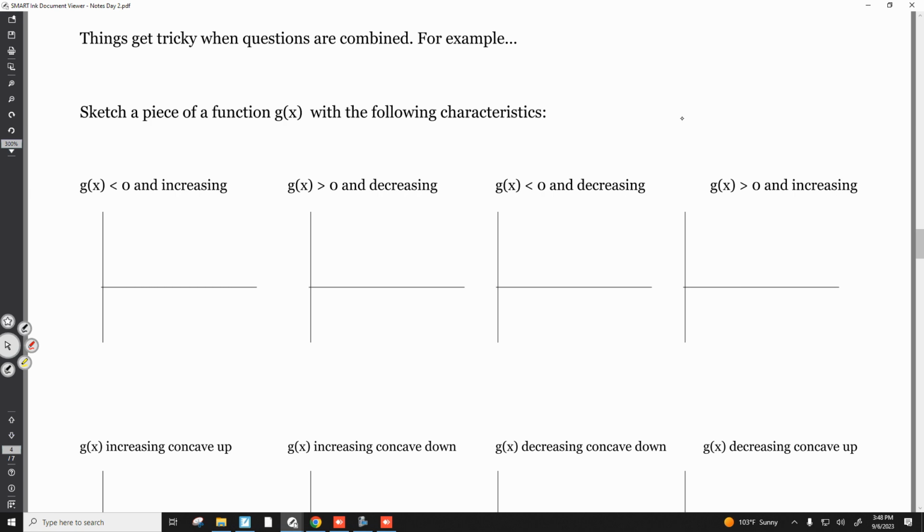For example, g less than 0 and increasing. What could that possibly look like if you have a function g that is both less than 0 and increasing? Sketch something that is less than 0 and increasing. Go. If you're wrong, it's okay.